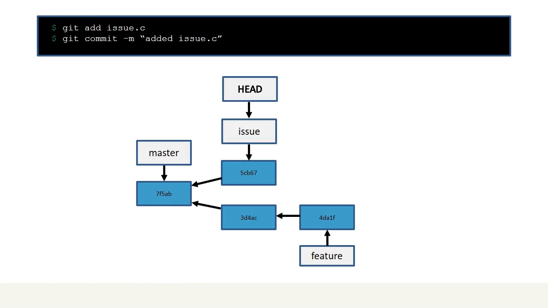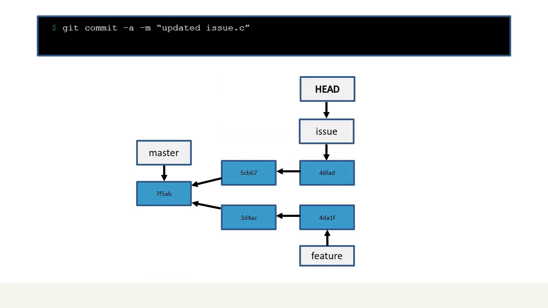I'm going to add a file called issue.c. When I commit it, notice that it moves the issue and HEAD to point at the new commit. Now let's say I want to do some more work on issue, so I'll go ahead and make some changes and then commit them, in this case using the -a -m flags and a new message for that commit. And you'll see that it just moves again the issue and the HEAD reference to the new commit.